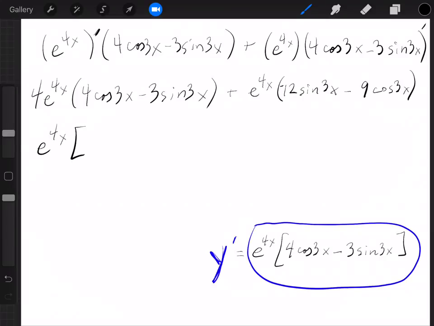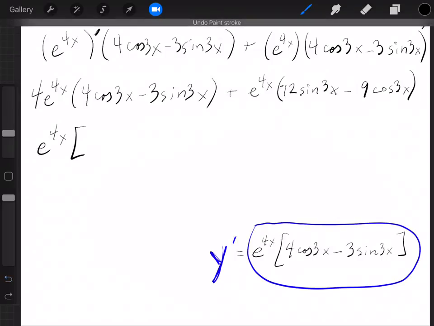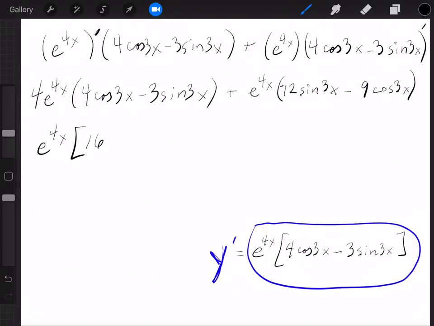That means this 4 is actually staying, so we have to distribute it, which is 16 cosine 3x minus 12 sine 3x. Now this guy doesn't have anything else. We're just taking out the e to the 4x, so nothing to distribute. So we'll just copy the minus 12 sine 3x and minus 9 cosine 3x.